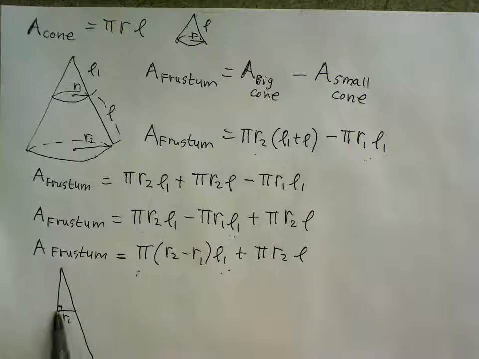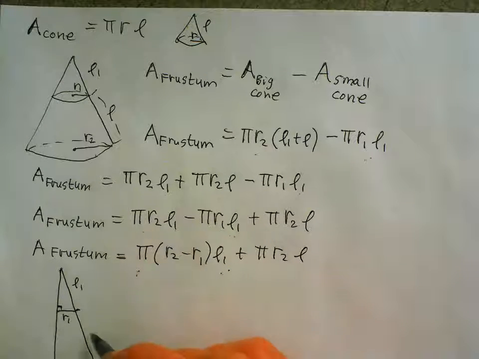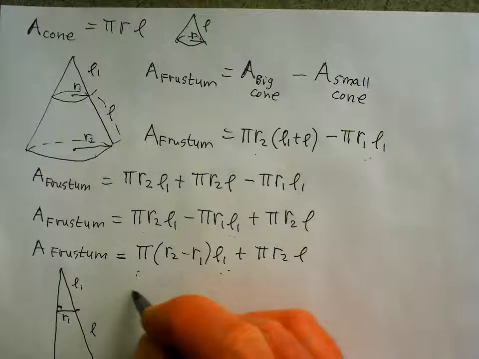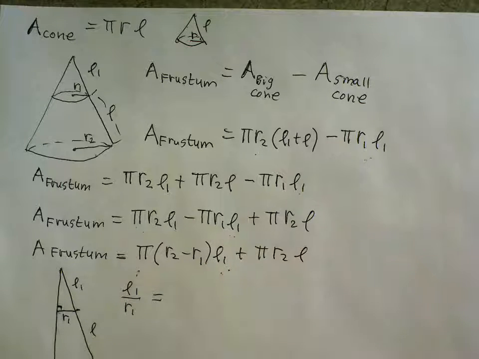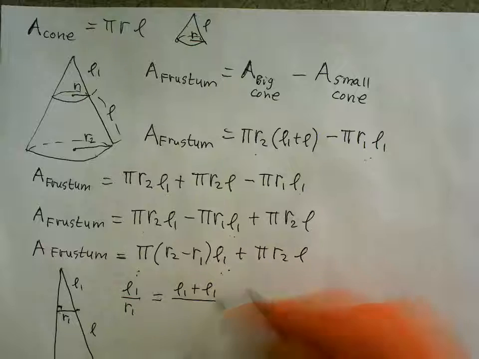So this length up here is r sub 1, this is r sub 2. This side is L sub 1, and this one is L. Okay, so using similar triangles, for the top right triangle, we can write down that L sub 1 divided by r sub 1 is proportional to L sub 1 plus L divided by r sub 2.